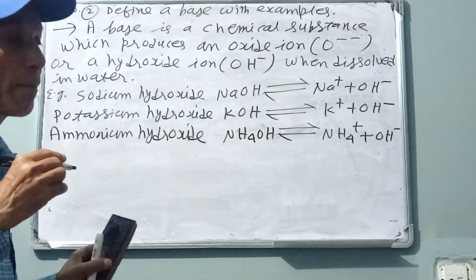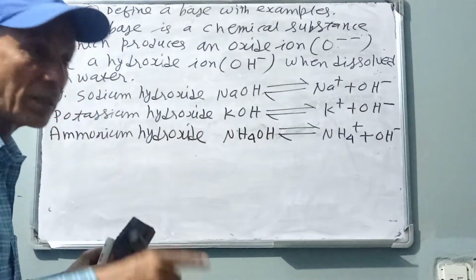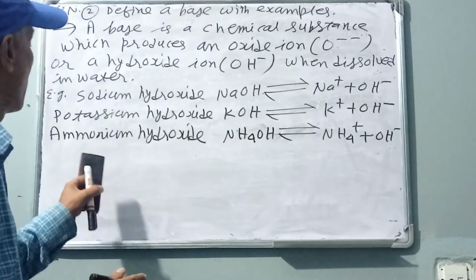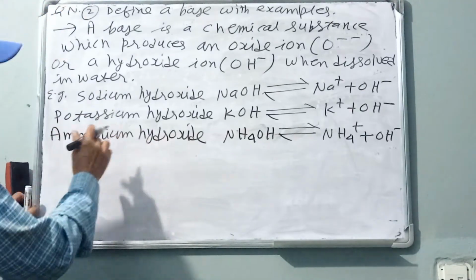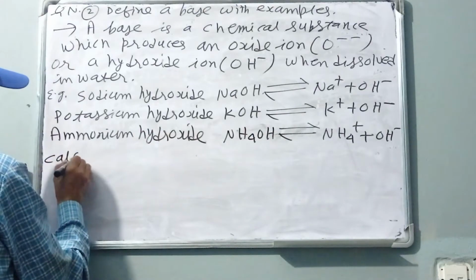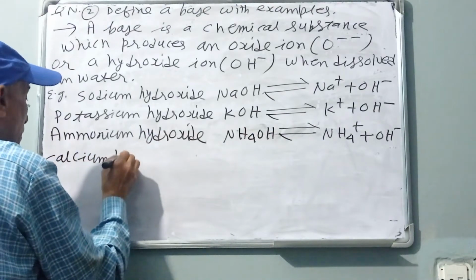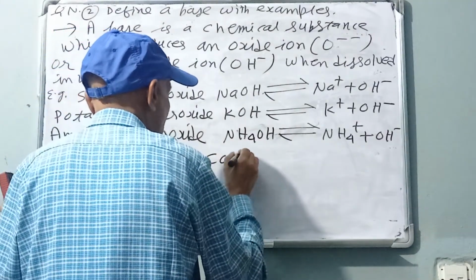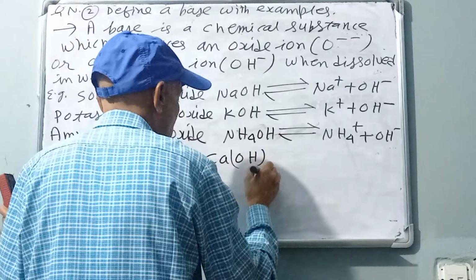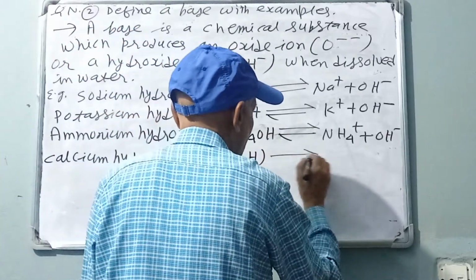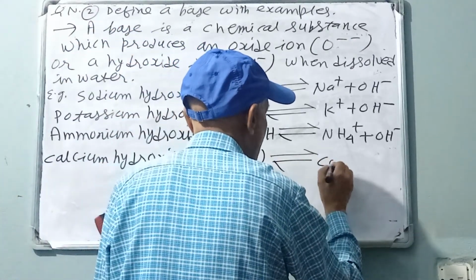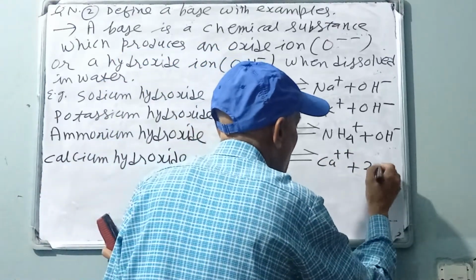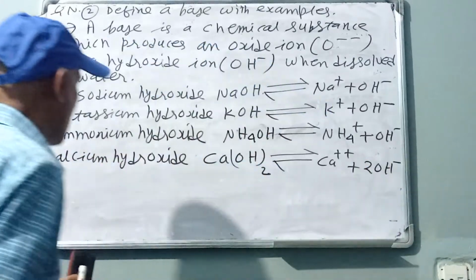It has three names: in Nepali it is chuna pani, in English lime water or slaked lime, and in chemical language calcium hydroxide. Calcium hydroxide, formula Ca(OH)2, and the reaction is this: calcium ion, valence plus 2, plus 2 OH minus.